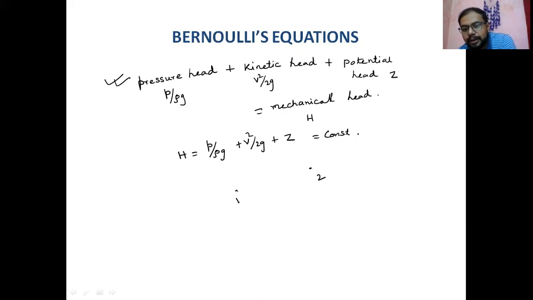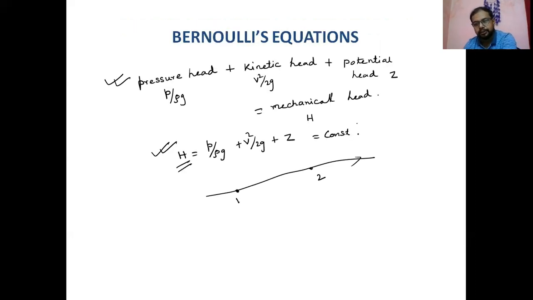Whenever you apply Bernoulli's equation, either you have to consider along a streamline, or the flow might be irrotational. So along the streamline, mechanical energy will always be conserved, constant.